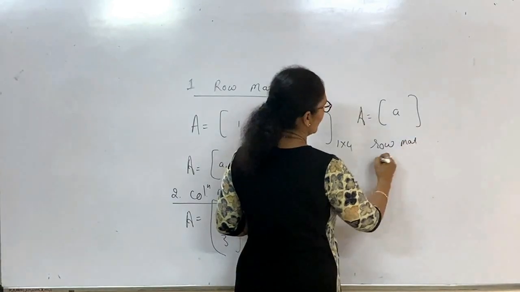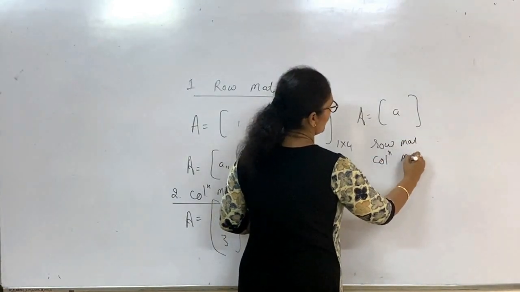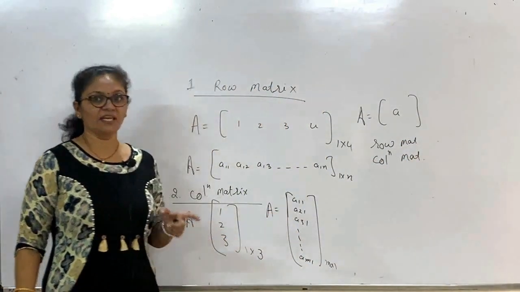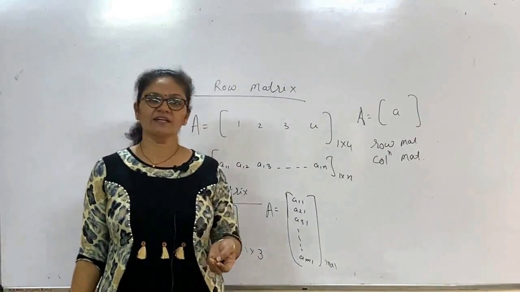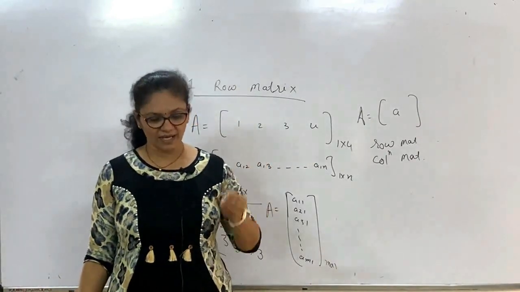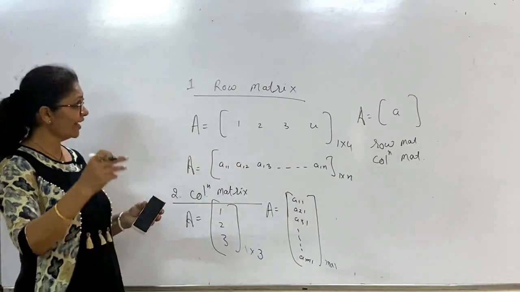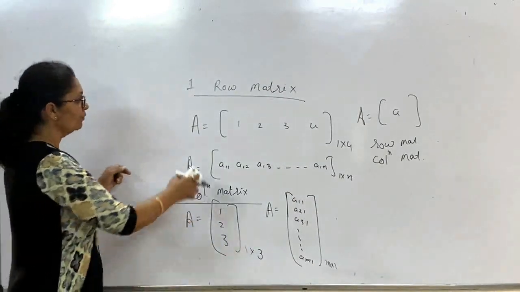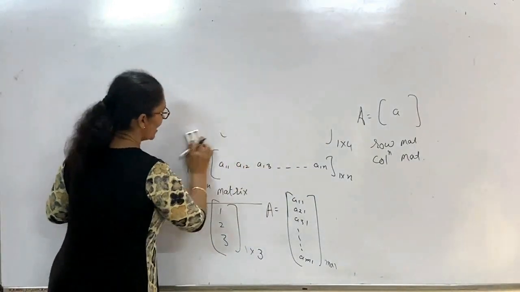So the only matrix of type 1 by 1 is both a row matrix and a column matrix. After completing these two, the third one is the square matrix.